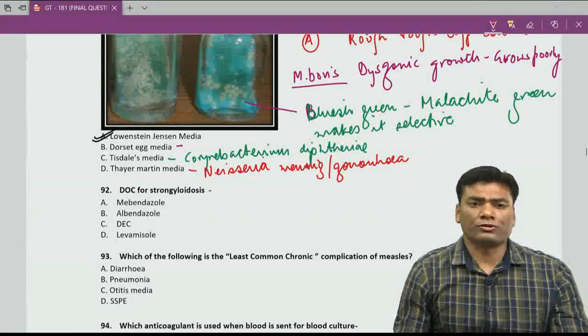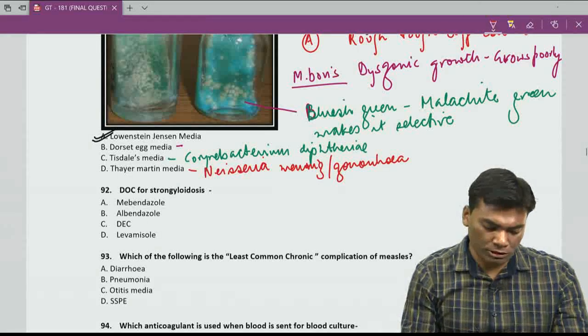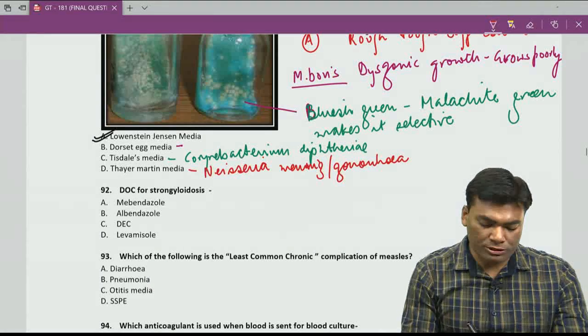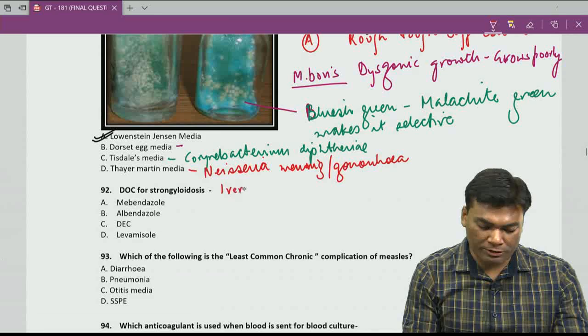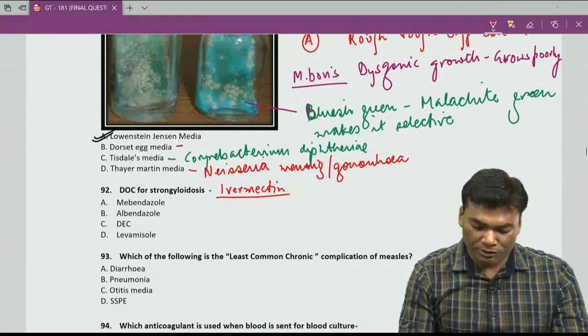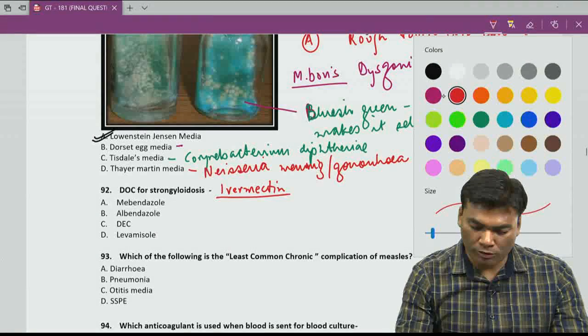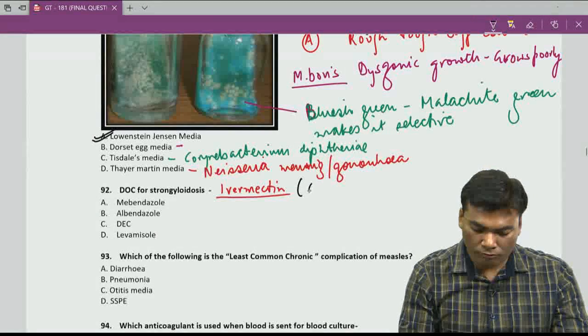The next question is drug of choice for strongyloidosis. Now, none of the options are correct here because the drug of choice is ivermectin. Ivermectin is also used for onchocerciasis.